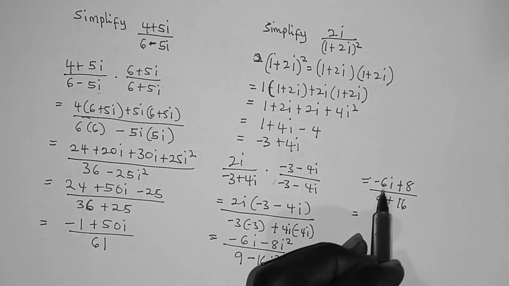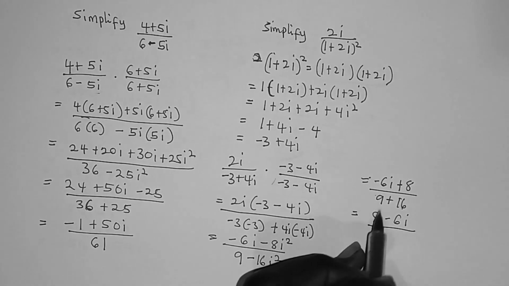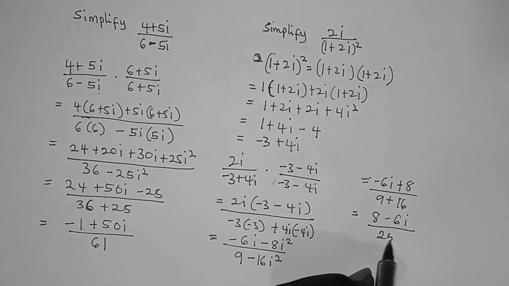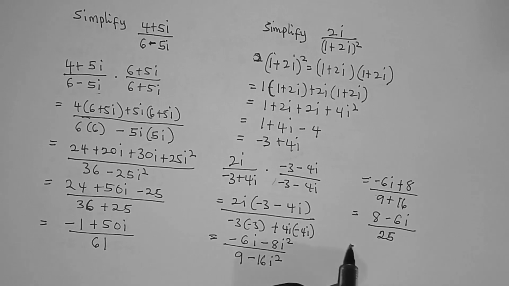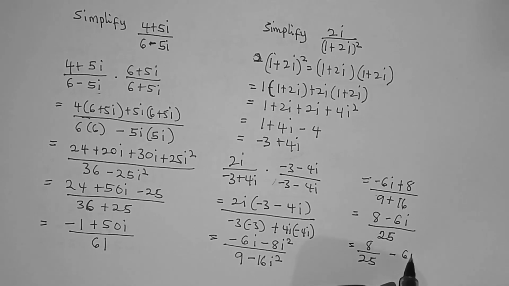This is equal to 8 minus 6i divided by 9 plus 16 is 25. So the final answer becomes 8 divided by 25, then minus 6i divided by 25.